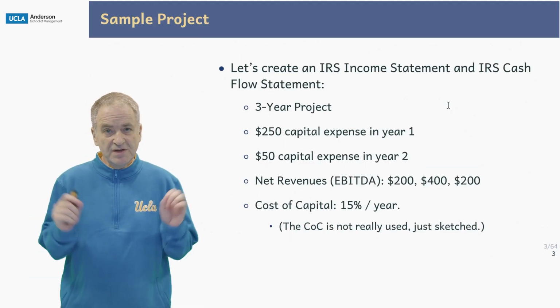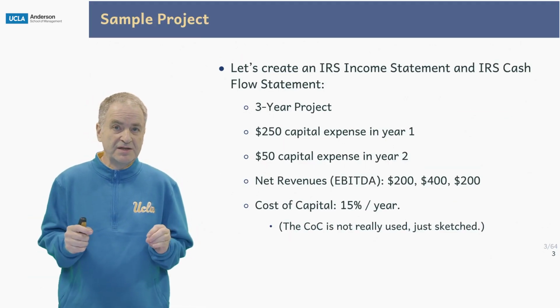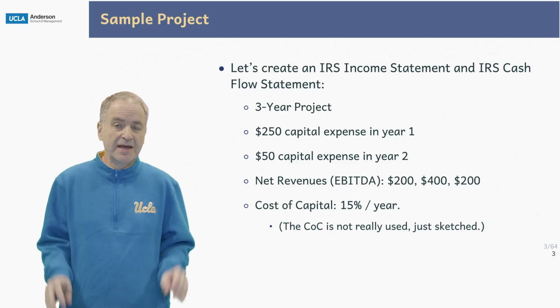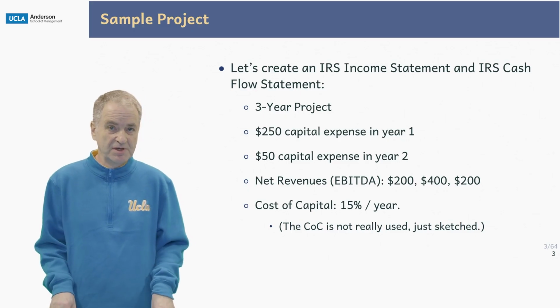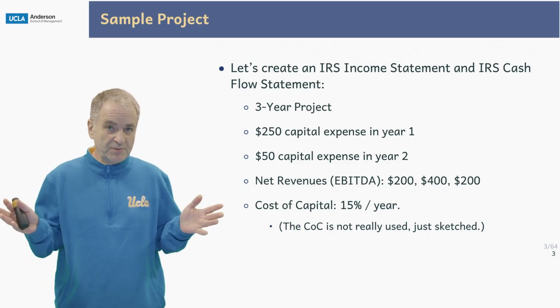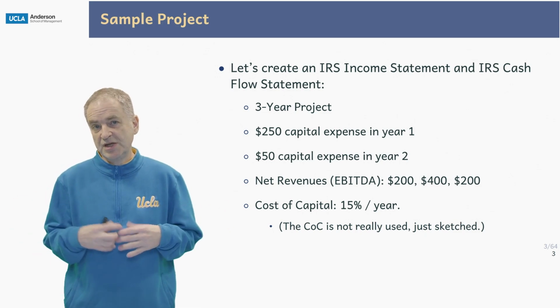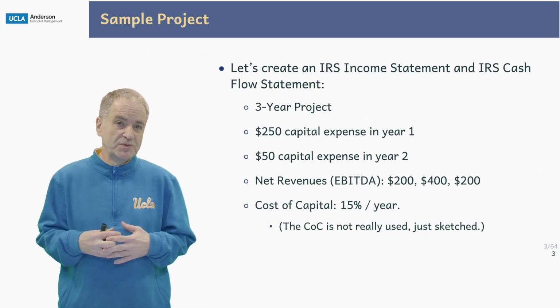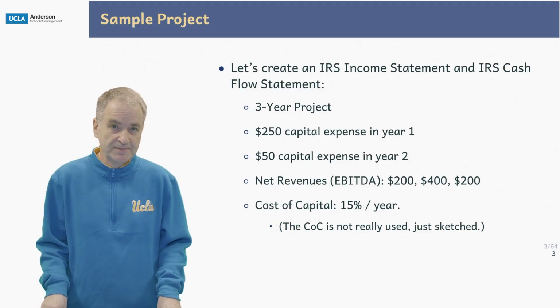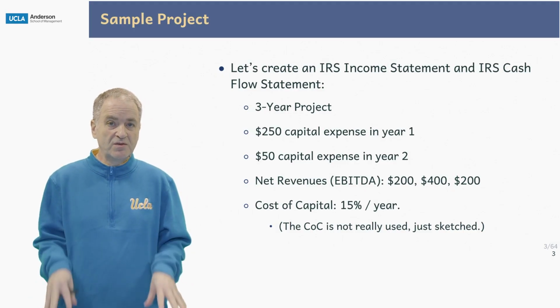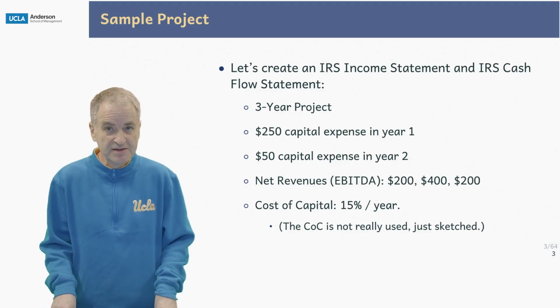So we're going to start with creating an IRS income statement and an IRS cash flow statement. And unlike normal projects where this goes on for many, many years, because we don't want to be here forever, we're just going to presume we have a 3-year project. And there's going to be a $250 capital expense in year 1.